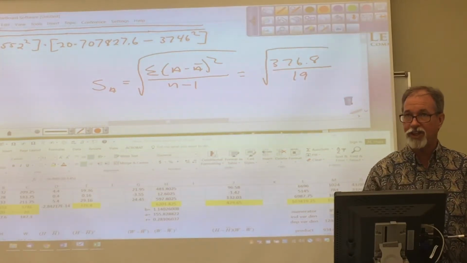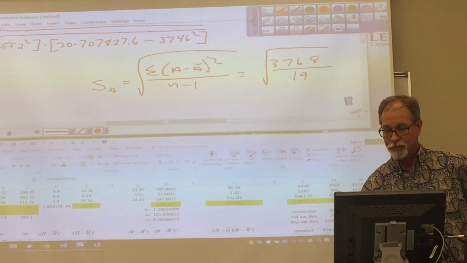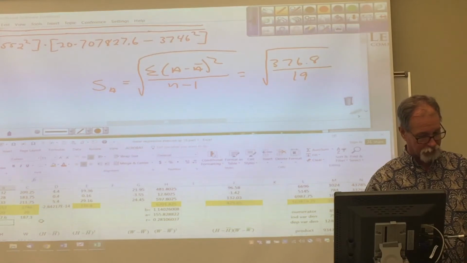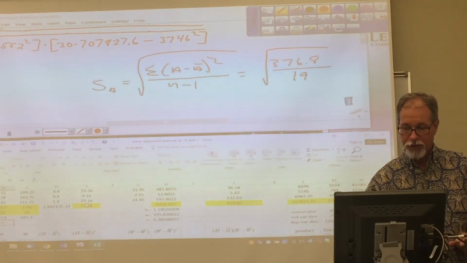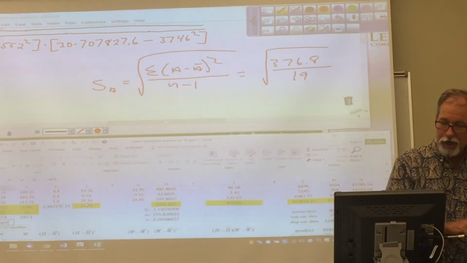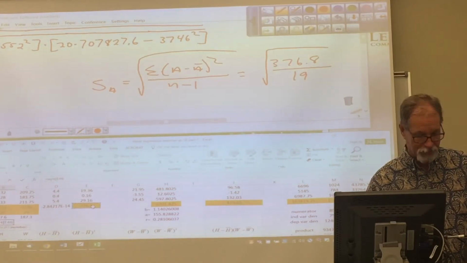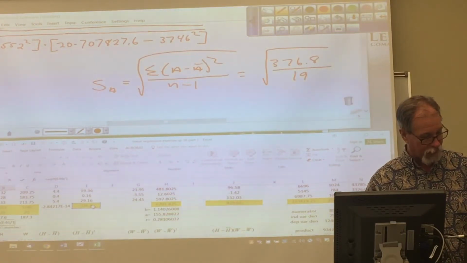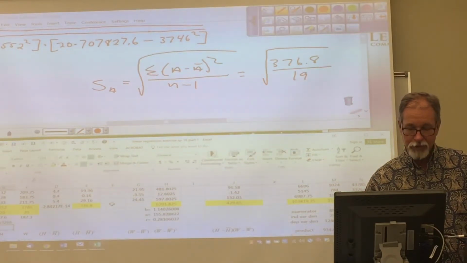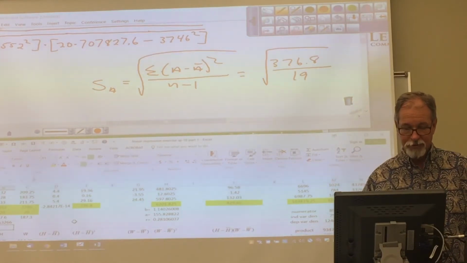And then I take the square root of that, which is 4.45, right? So if I want to get my standard deviation, I'm going to take the square root of 376.8 divided by 19, which is 4.45.